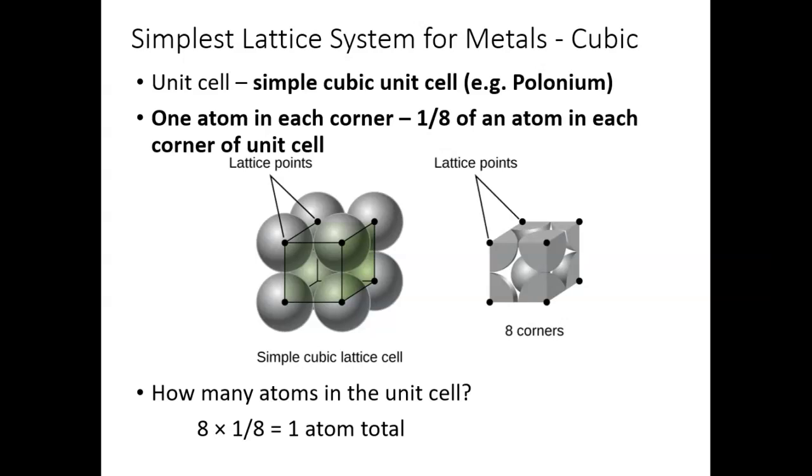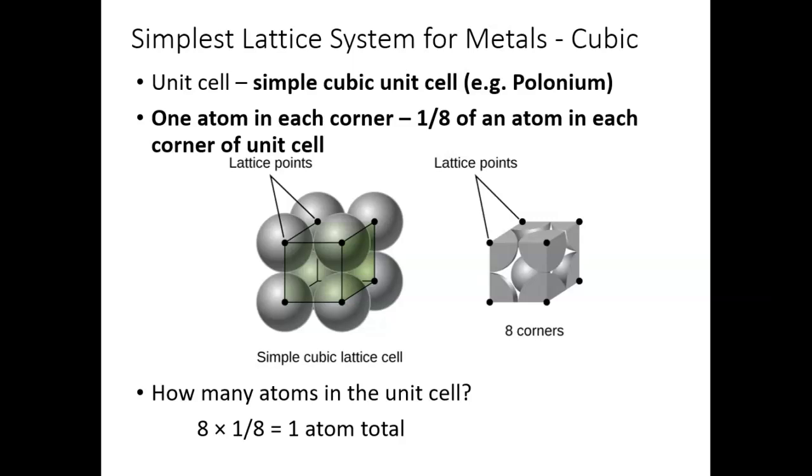One-eighth of the atom is in a single unit cell corner. One of those dots is 1/8 of the total atom at that point.